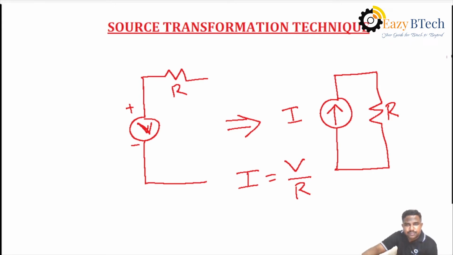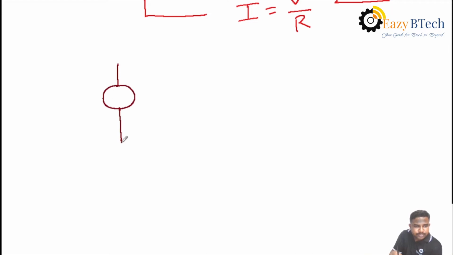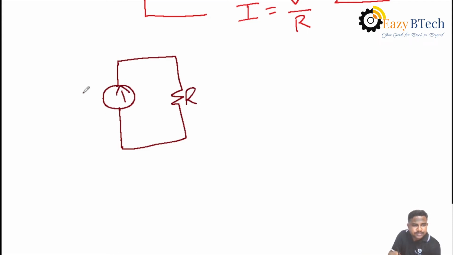In the same way, in the given problem, for example, a current source is given. A current source is always in parallel with a resistance. In the given problem, the current source is like that. Then that current source can be transformed into a voltage source.